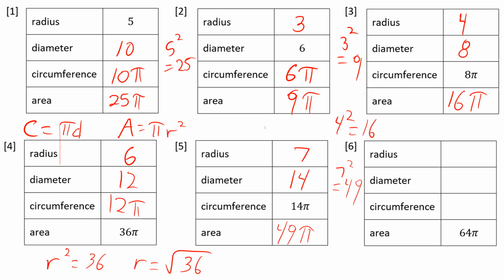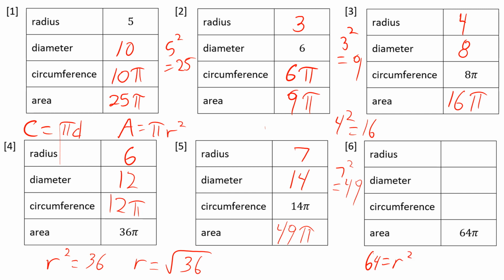If you want to try to challenge yourself and do number 6 before I put any answers up there, why don't you pause the video, see if you can get answers for number 6, and then you can resume the video when you want to check. Okay, let's assume that you're ready to check or follow along if you didn't quite get through that. Say, hey, again, if I know the area, I know that 64 is radius squared, right?